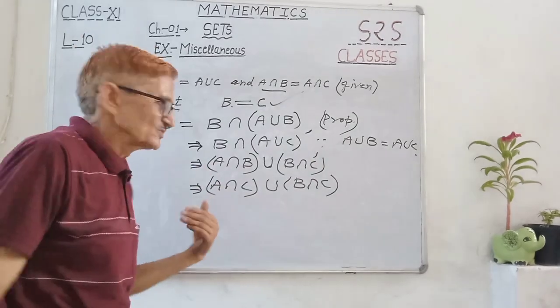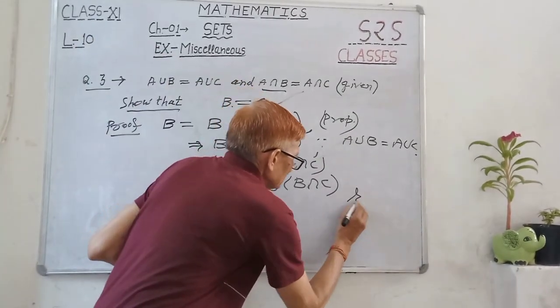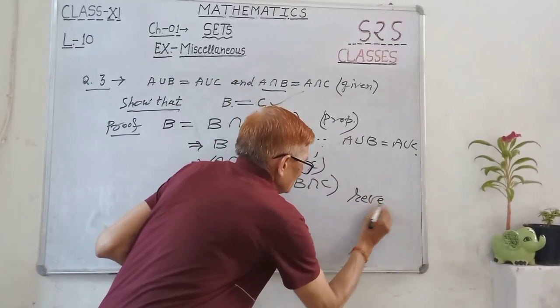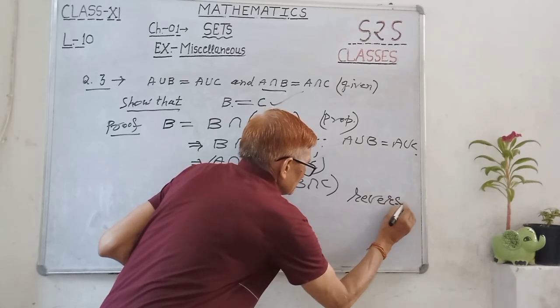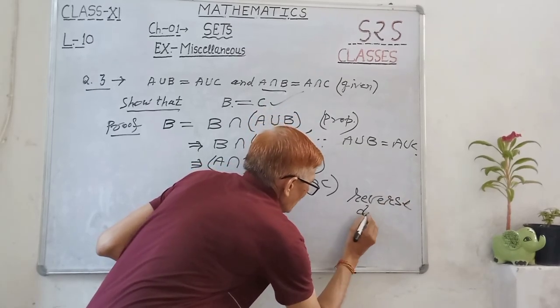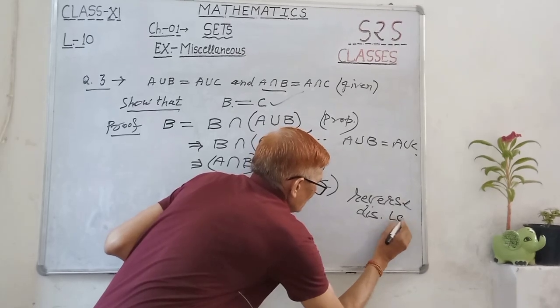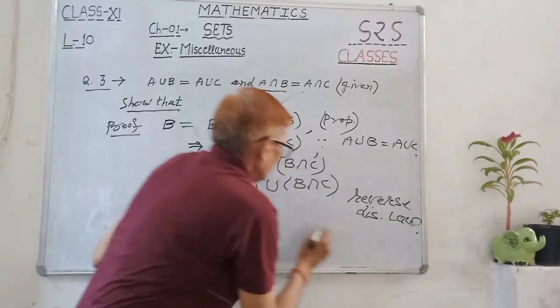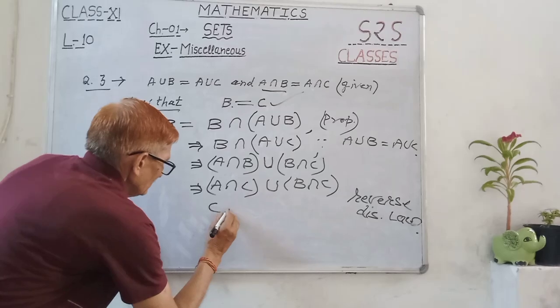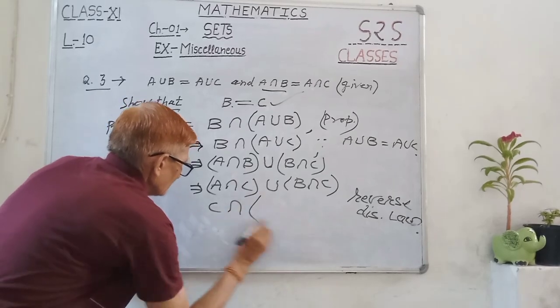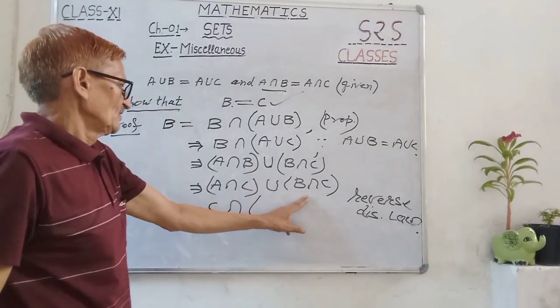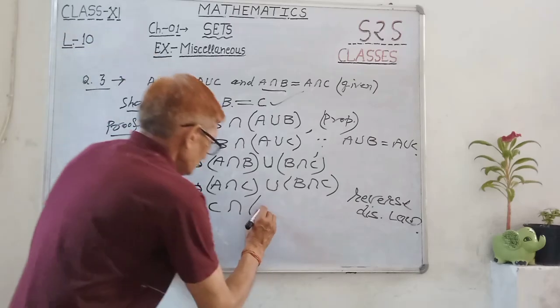So reverse distribution law. Okay, what will be C intersection common in both? What will be A union B.